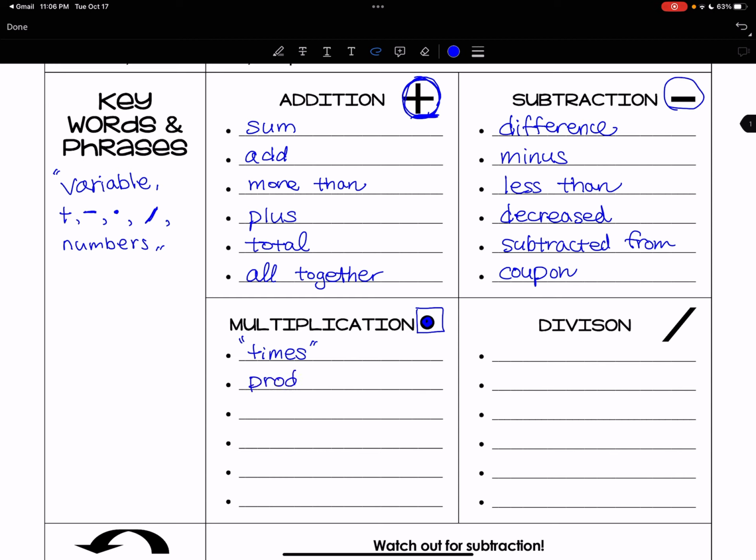And product of 2 values, then you have to multiply those 2 values. And twice and double, then you're going to multiply 2. And triple of something, then you're going to multiply 3.